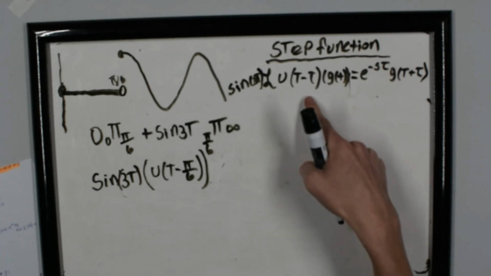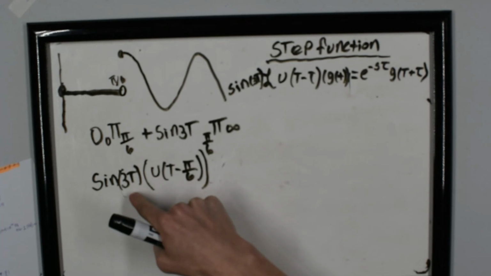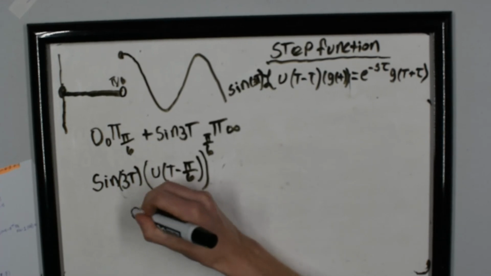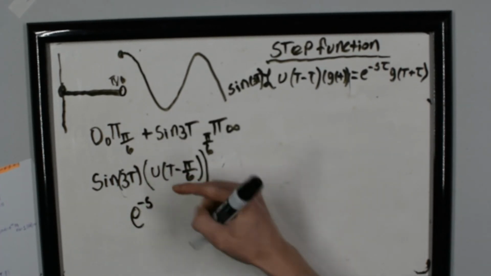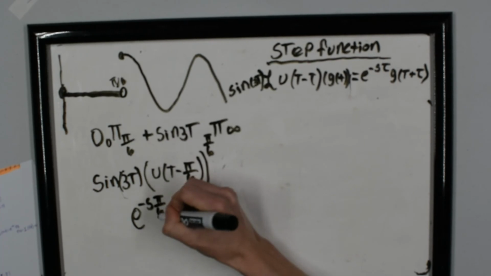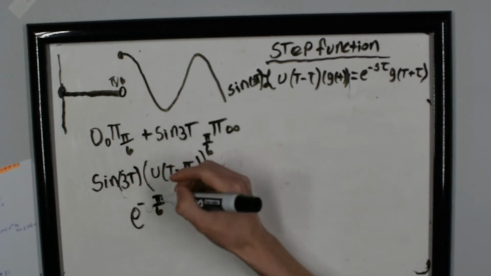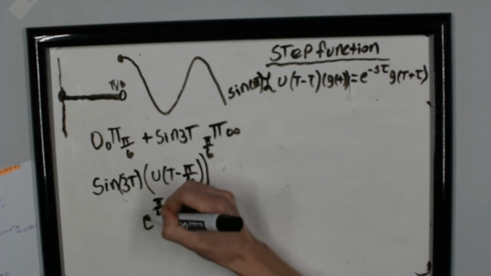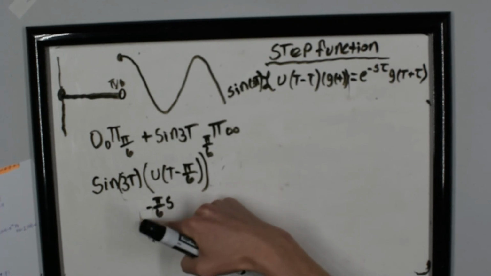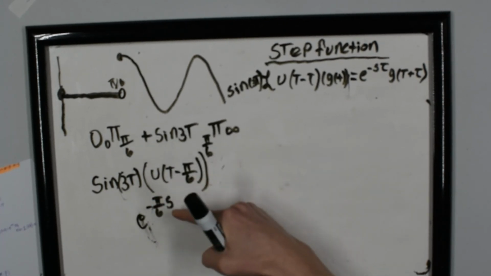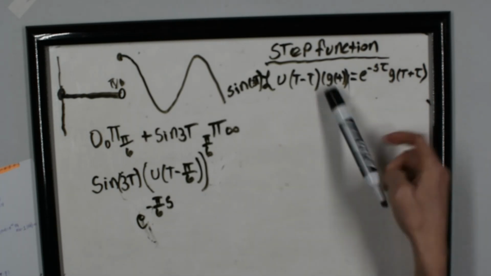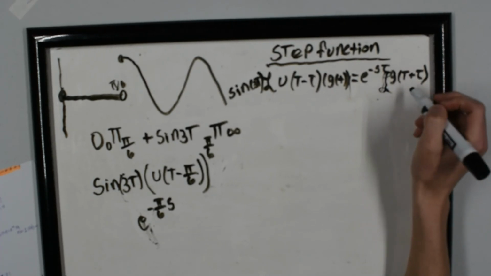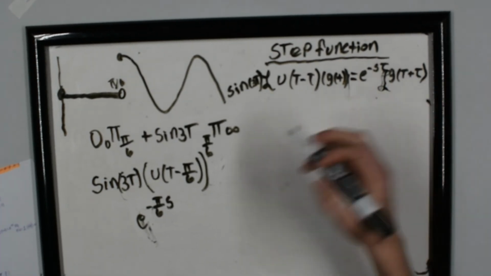So the Laplace transform of a unit step function times a function, in this case g of t, we have to take e to the negative s tau. Tau is just pi over 6. So let's rewrite it entirely here: e to the negative pi over 6 s multiplied by the Laplace transform of g of t plus tau.